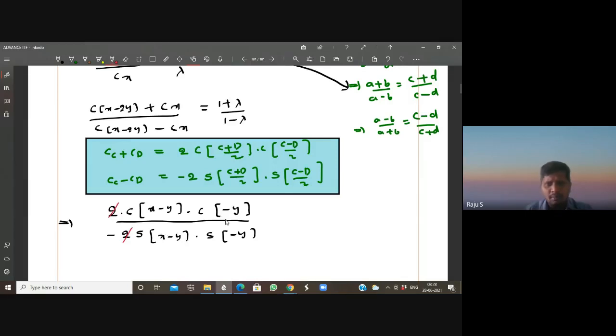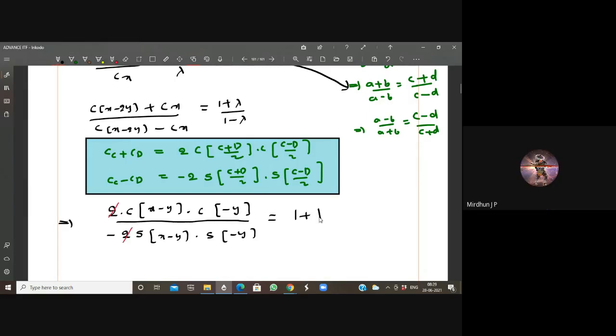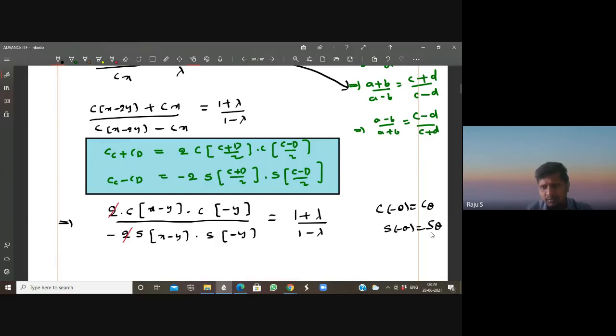Cos of minus y is plus cos y, but sine of minus y is negative, so the two negative signs cancel and it becomes positive.